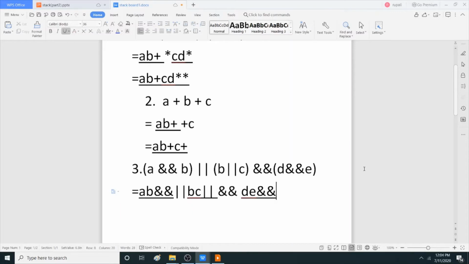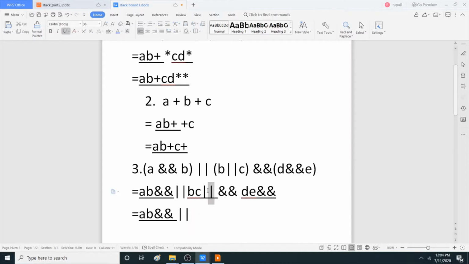So you have to work on this operator. So just write A, B and then underline it, then or, then B, C or and D and.